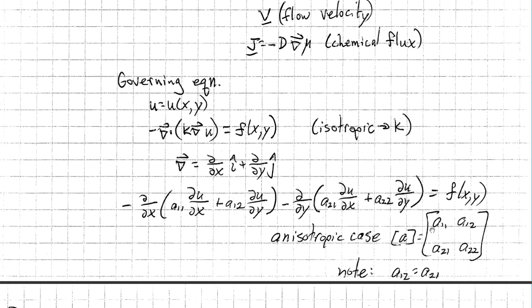So here is your gradient in the x, in the y, again gradient in x and y, where we've taken divergence. So you get a second order PDE with a source term.